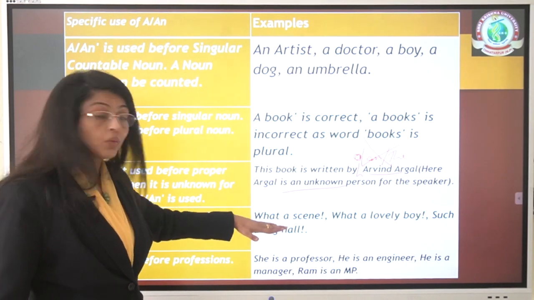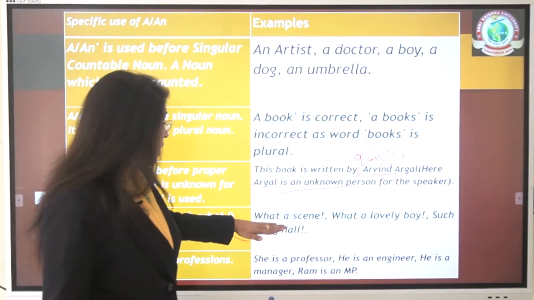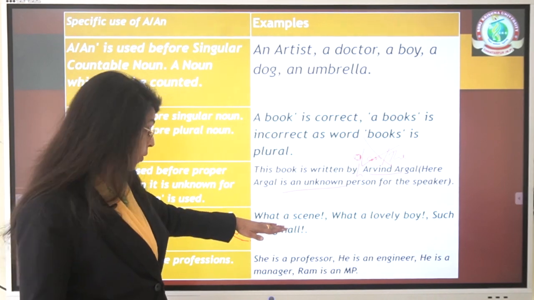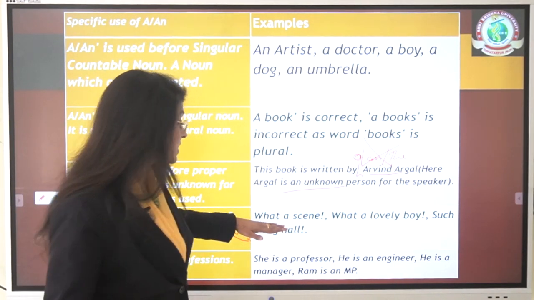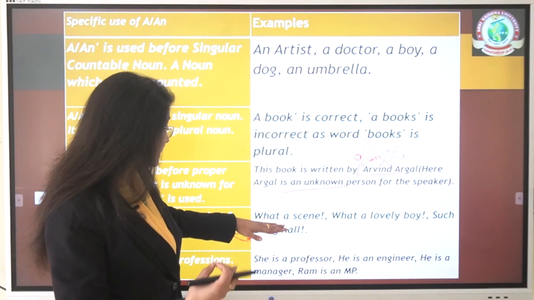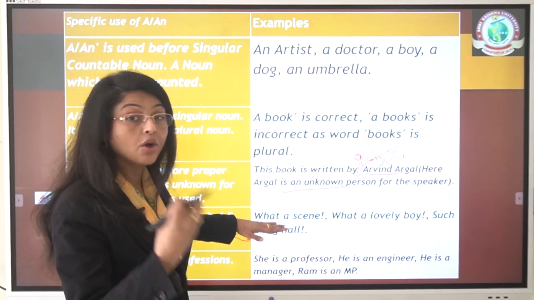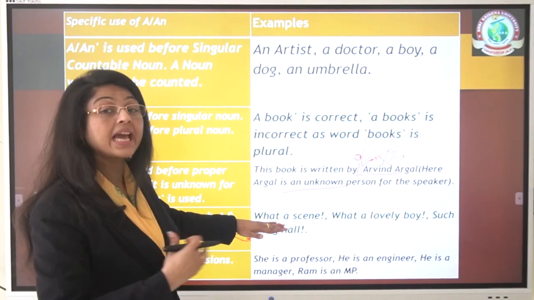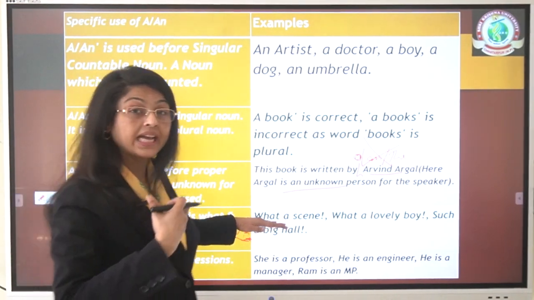See what the question words are, WH words. What, why, which, when, how. Okay, these are the question words. But the intention behind asking is not questioning, it is expressing, it is exclamation.